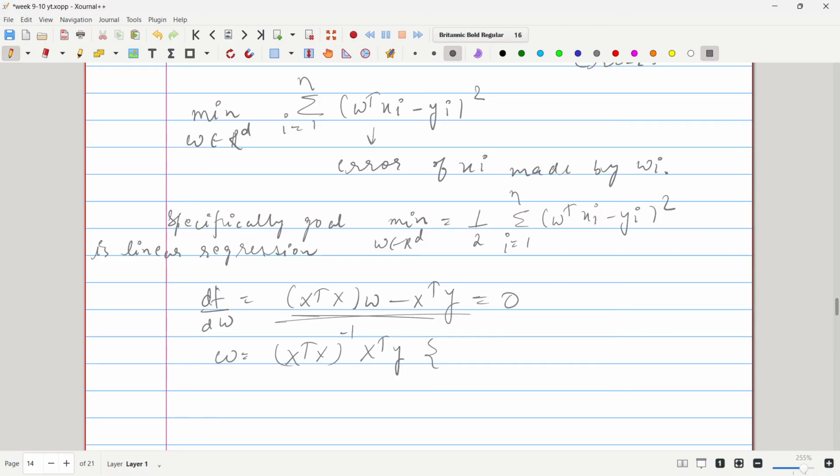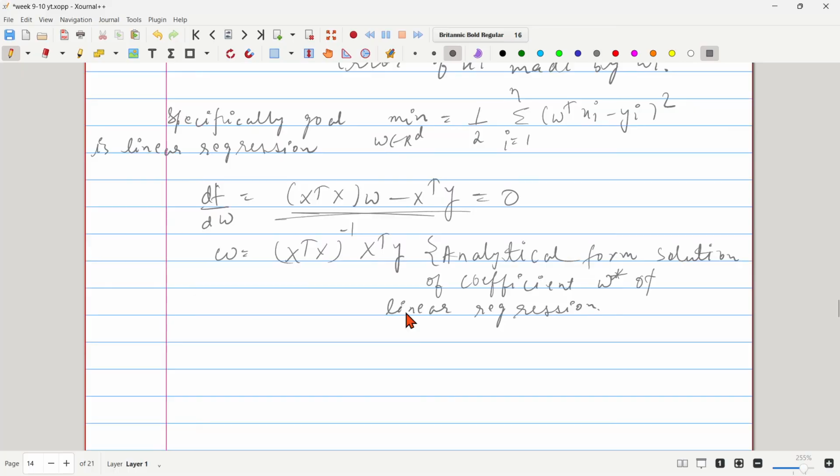This is nothing but the analytical form solution of the coefficient w of linear regression. Okay.